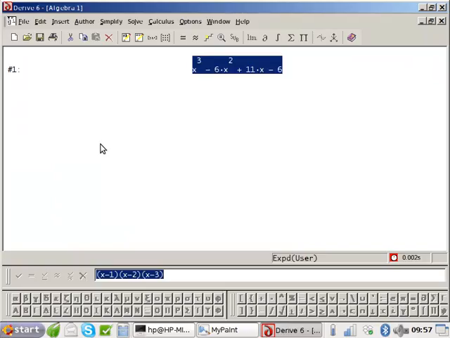Can you add this question at the end of number 3? And my question is, when is this function increasing? That's what I want to know.